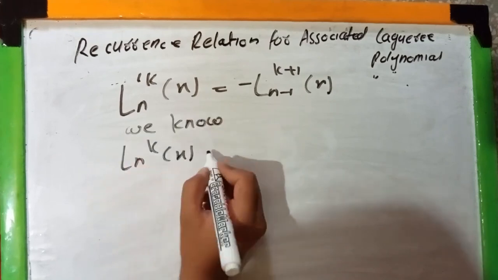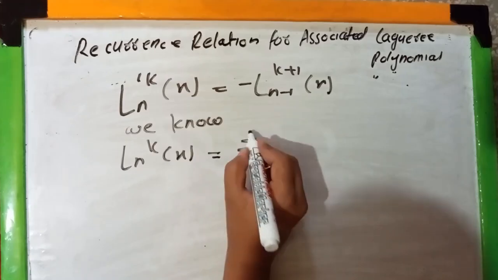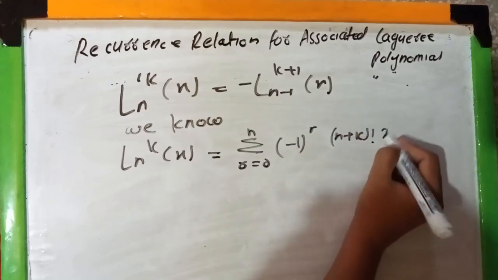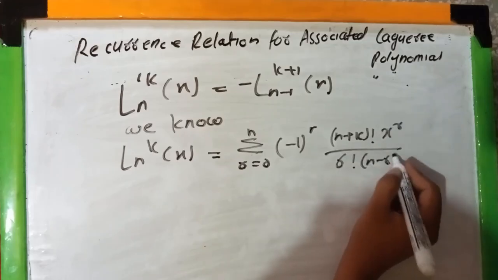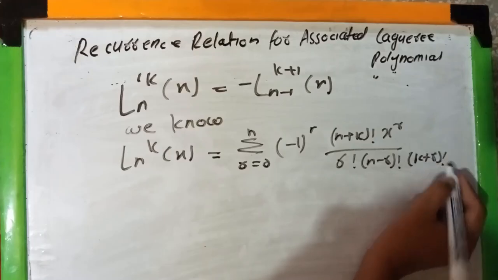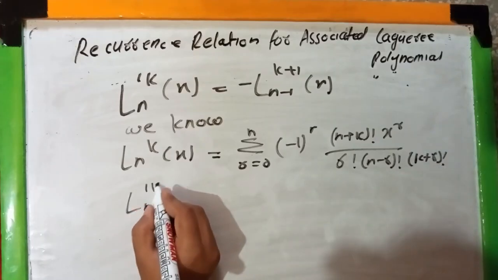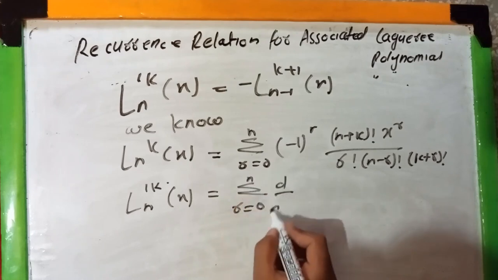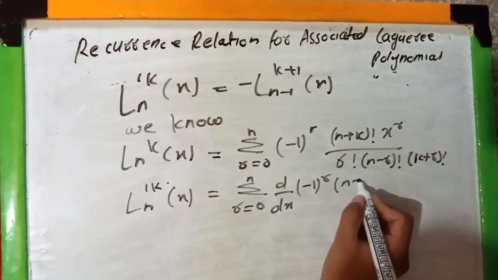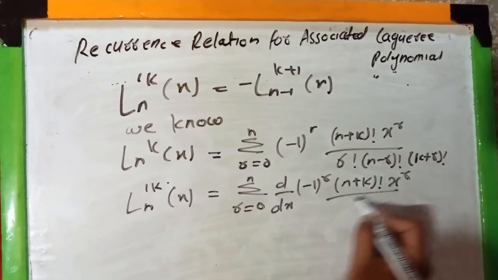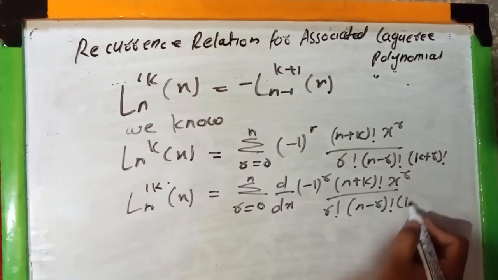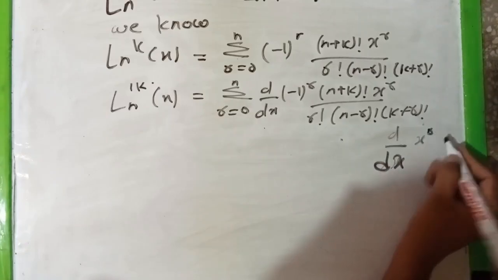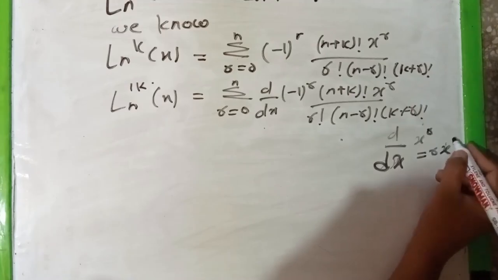L_n^k(x) is equal to the summation over r from 0 to n of (-1)^r (n+k)! x^r over r! (n-r)! (k+r)!, and the derivative of L_n^k(x) is equal to the summation over r from 0 to n of d/dx of (-1)^r (n+k)! x^r over r! (n-r)! (k+r)!. And the derivative of x^r with respect to x is r x^(r-1).